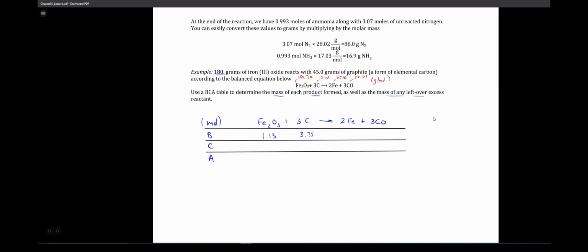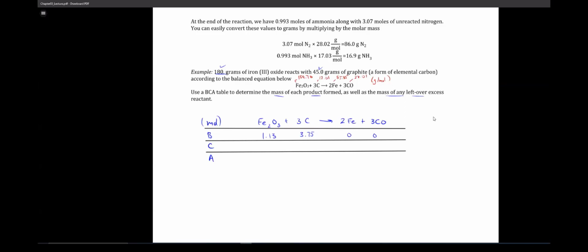Notice the 3 doesn't enter into this yet. I'm just finding the moles from these numbers. How much iron and how much carbon monoxide is there in the beginning? 0, because they are products.